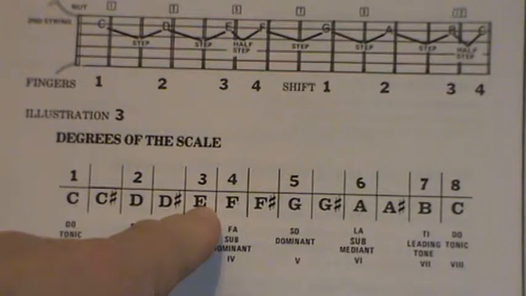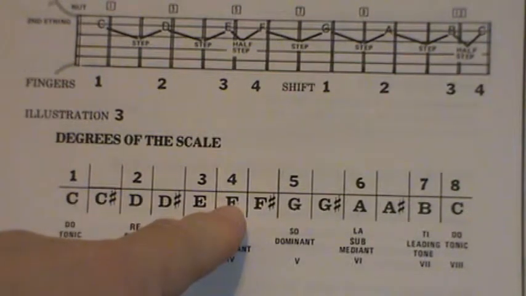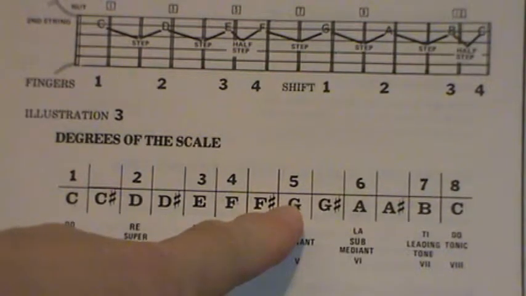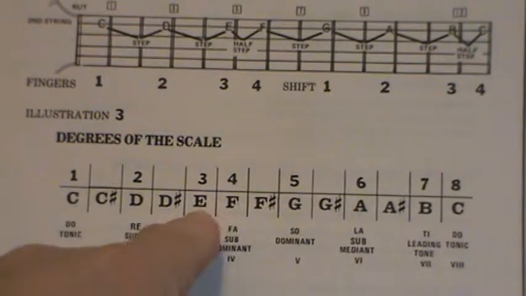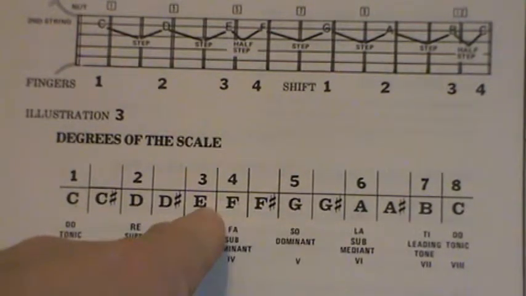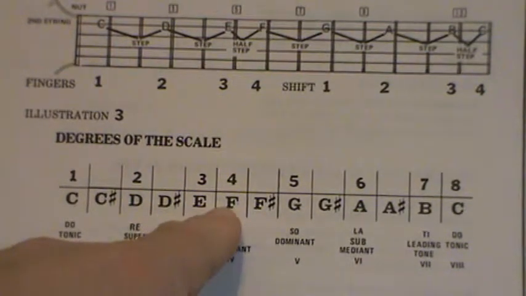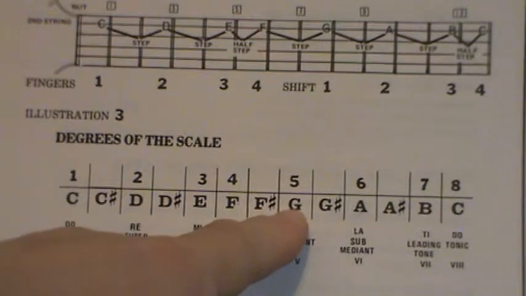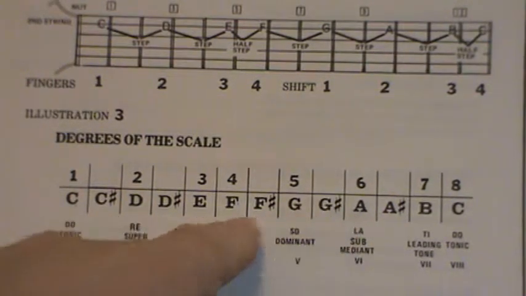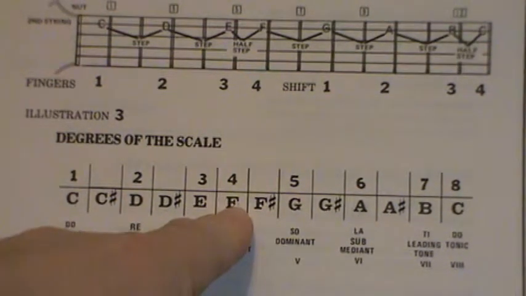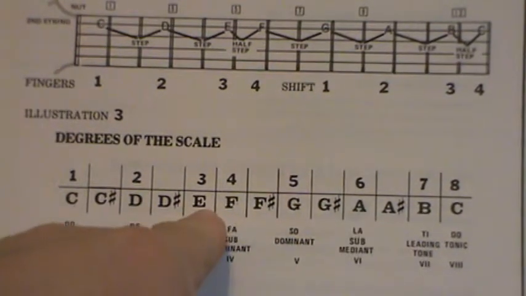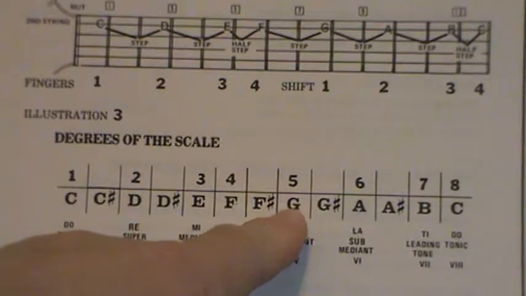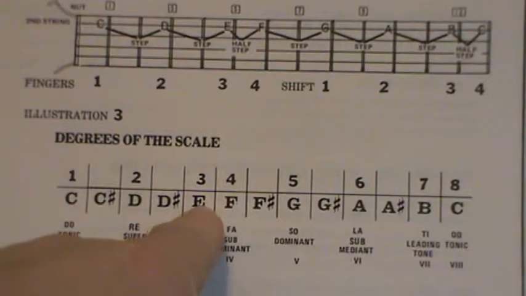E is 1, 2, 3, 4 is A, and 5. I'm getting a little confused myself.